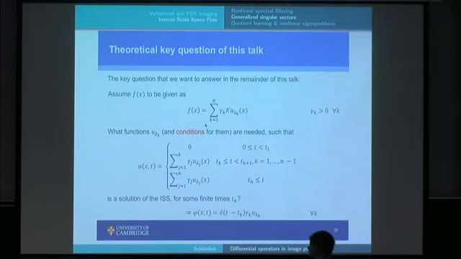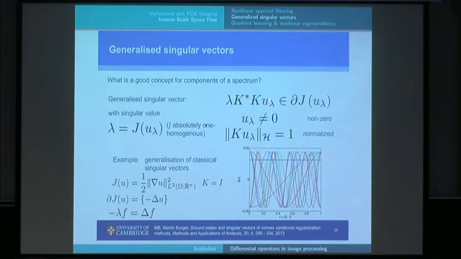And here's the definition. So what I'm now defining is a singular vector u lambda, a function u lambda that fulfills this differential inclusion: lambda k star k u lambda is in the subdifferential of the regularizer j of u lambda.